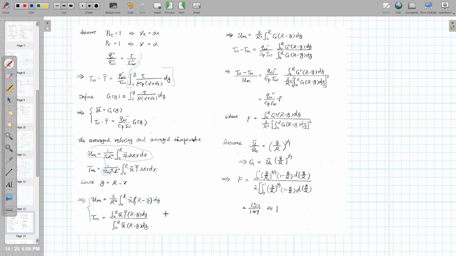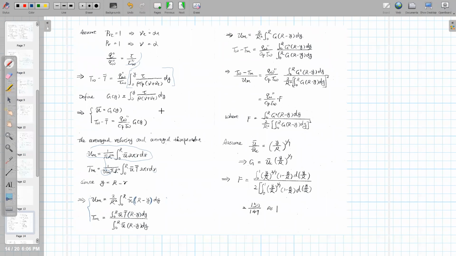You have these two things, and then you bring this in. Because you have this u bar here, you replace u bar with this g value. So for this one, it will become g of R minus y.